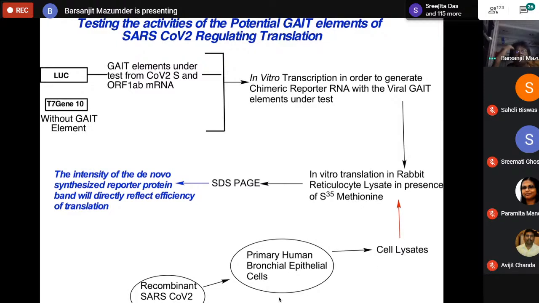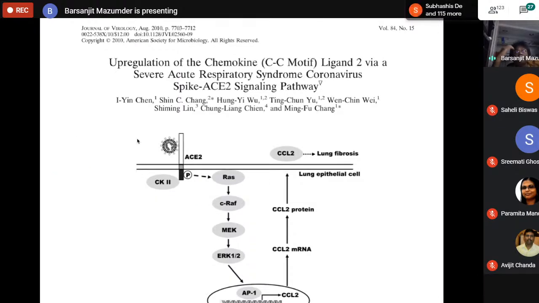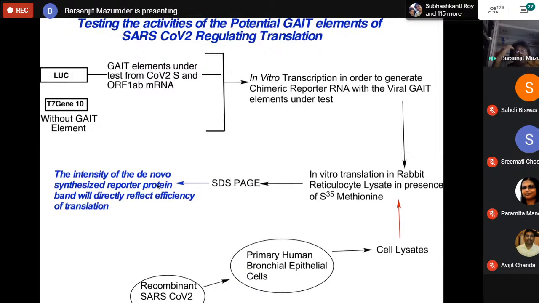So we used human primary bronchial epithelial cells and treated those cells with SARS-CoV-2 S protein to ask whether it can activate this pathway, and whether that activation could lead to translation silencing.